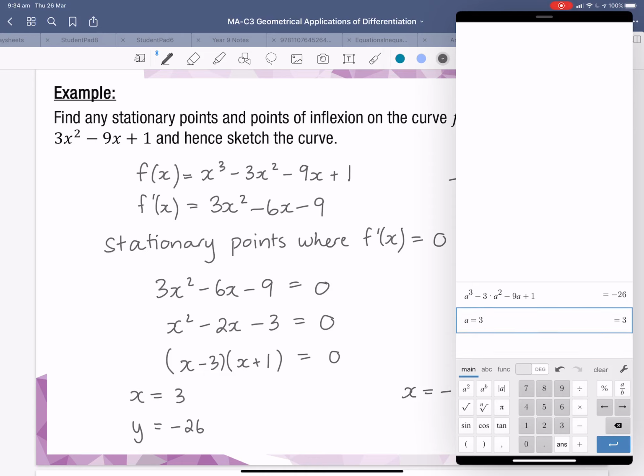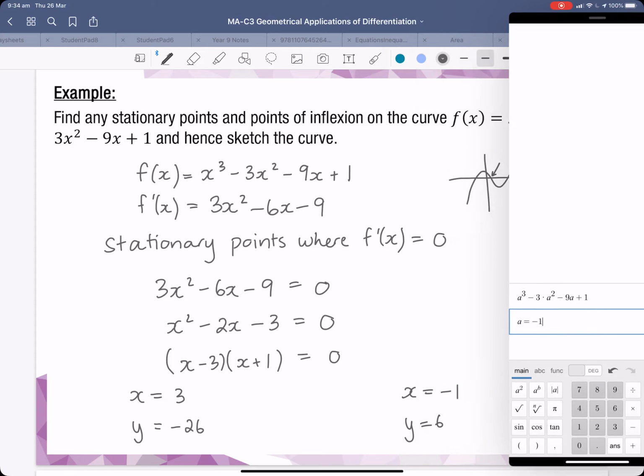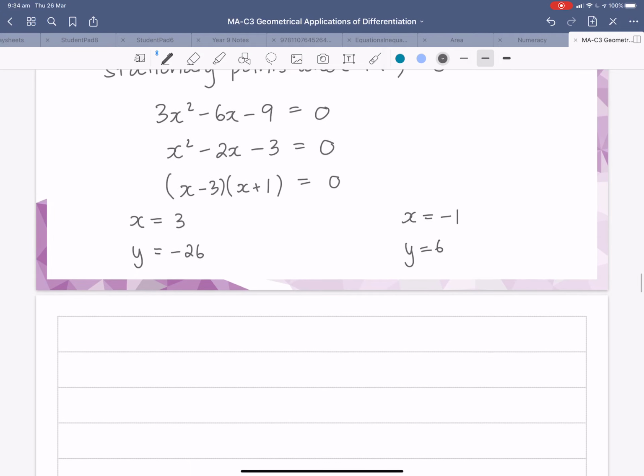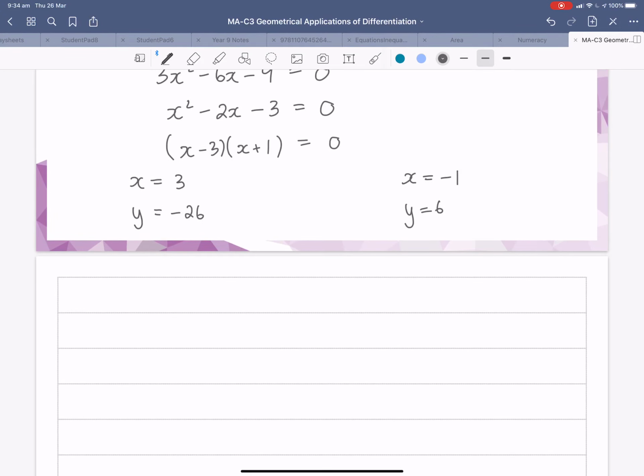So I'm going to change the value of a to negative 1, and when I do that I end up with y equals 6. So you can just go out of the way for the time being. So 3, negative 26 and negative 1, 6 are stationary points.